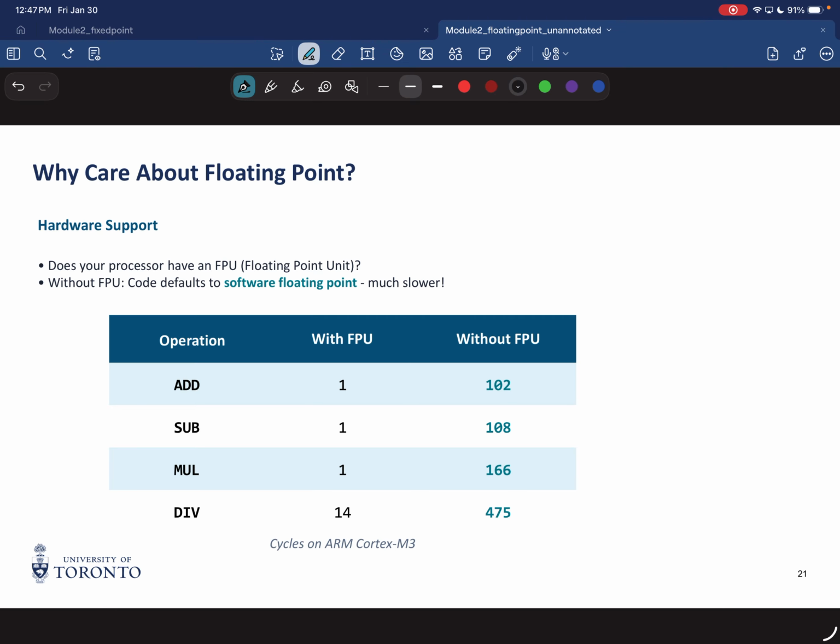Because without that hardware, as we said, fixed point is much faster. It's better to use fixed point if you don't have the hardware than using floating point. So if you don't have to, it's always better to use fixed point. If you don't need the range of the floating point, don't use floating point. Especially always check that your chip or whatever your board has floating point hardware. Okay? For example, in lab 3, you can manually disable the hardware FP unit that you have, the FPU.